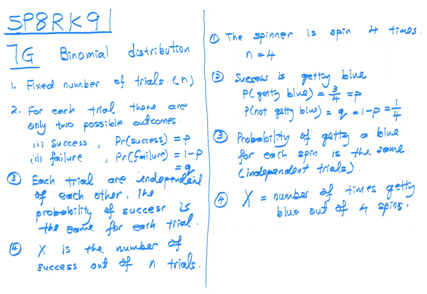Hello? So now we are going to build the probability distribution table for this binomial distribution. Okay. So may I know what are the possible values of X?